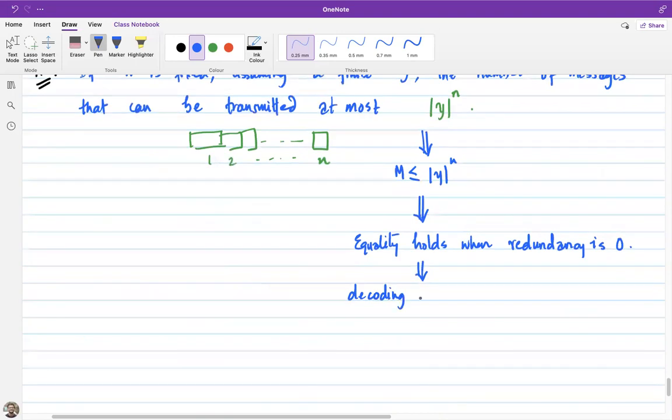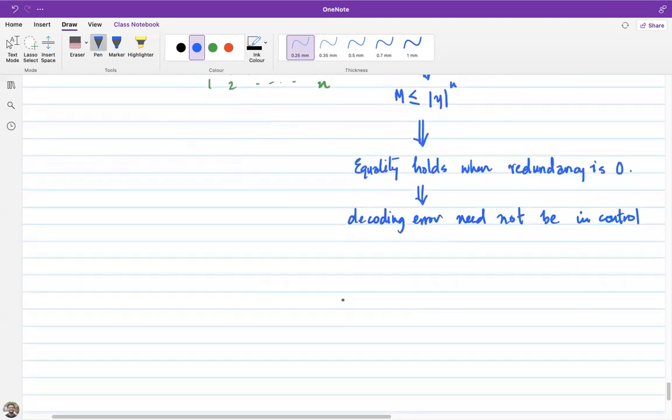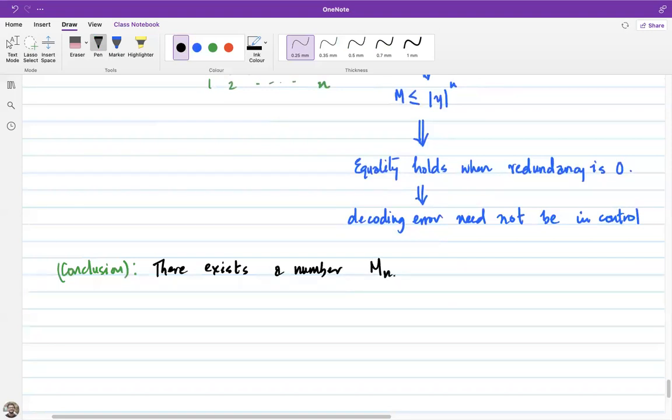This basically implies that decoding error again need not be in control, and so as a conclusion, there should exist a number, call it m and epsilon.